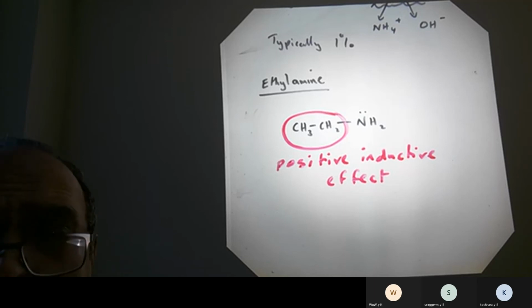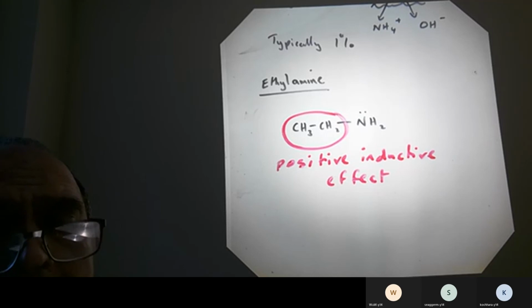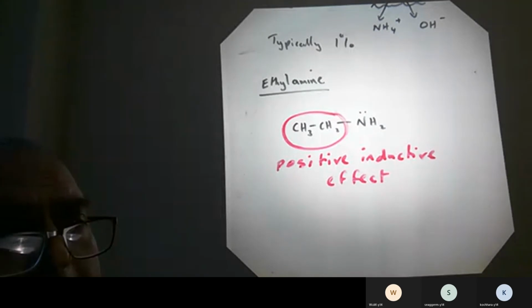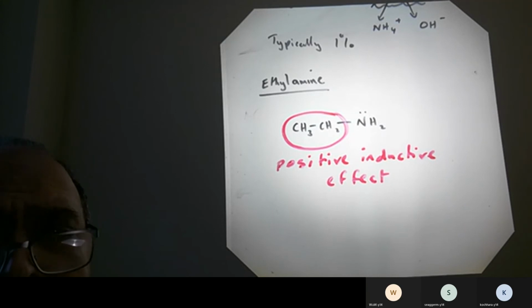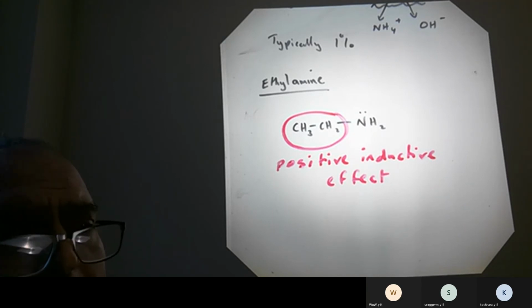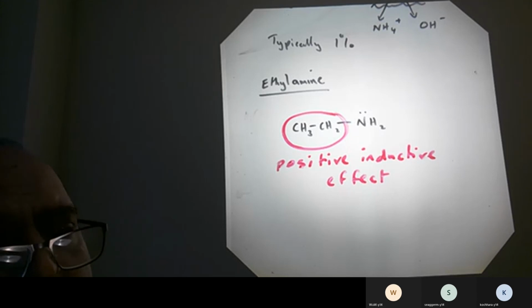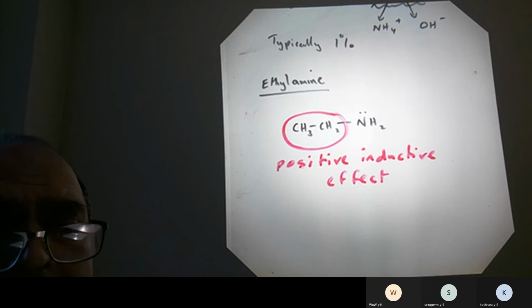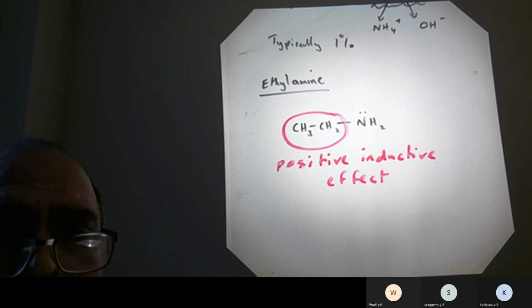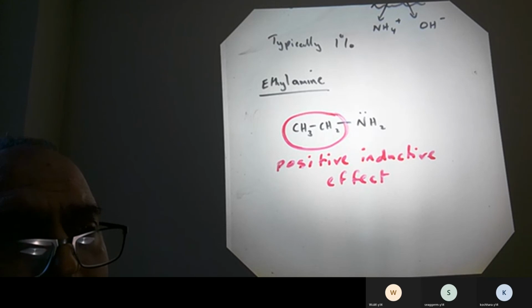And that lone pair of electrons, as I've been saying to you, is the cause of the basicity, the availability of that pair of electrons. So if more electron density is being pushed onto the nitrogen, then there's more electron density around the nitrogen that will in consequence make the lone pair of electrons more available for bonding.